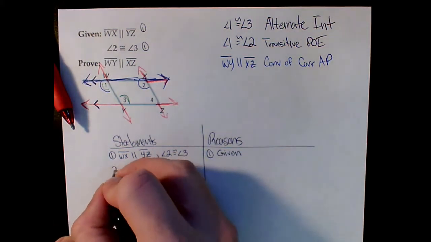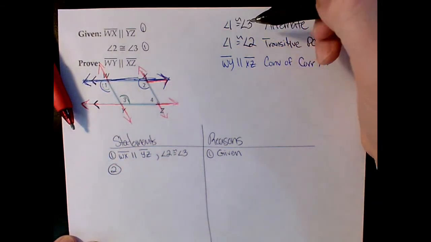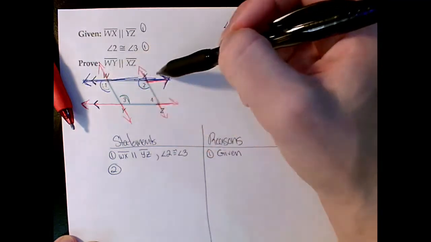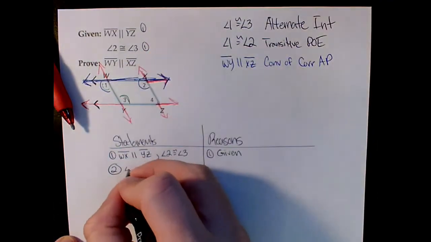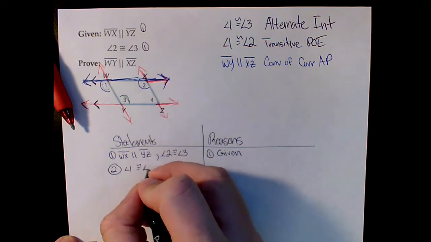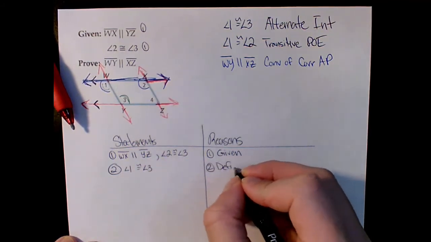Step 2: Angle 1 is congruent to angle 3 because if these are parallel, then these are alternate interior angles. Angle 1 is congruent to angle 3 by definition of alternate interior angles.